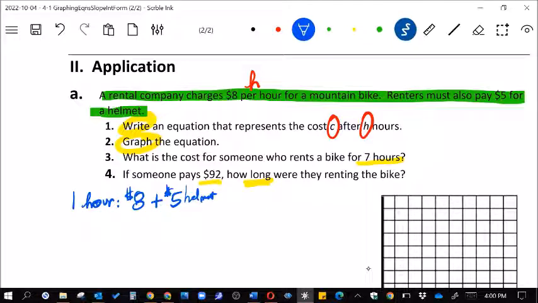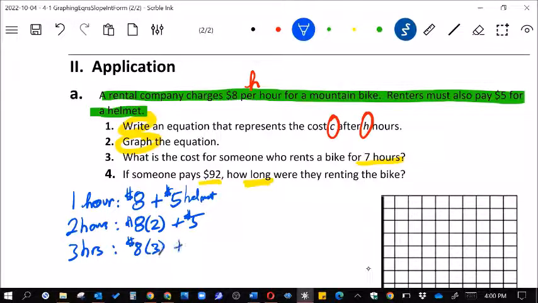For 2 hours, it's going to be $8 times 2 plus the $5 helmet fee. For 3 hours, it's going to be $8 times 3 plus 5.